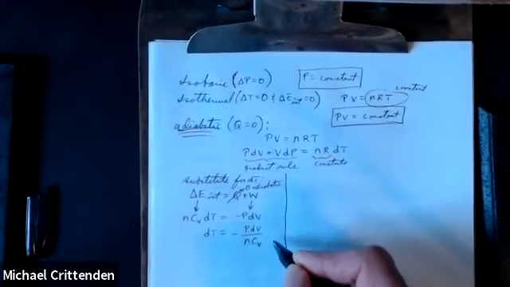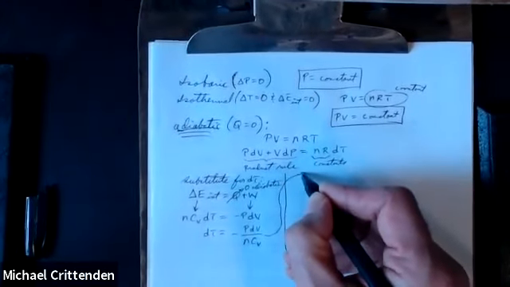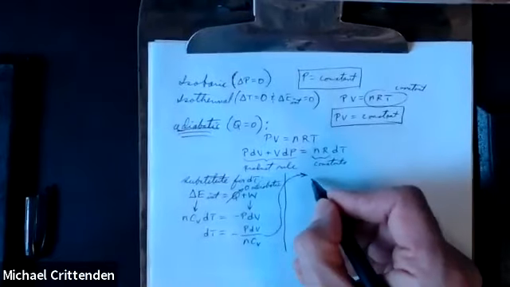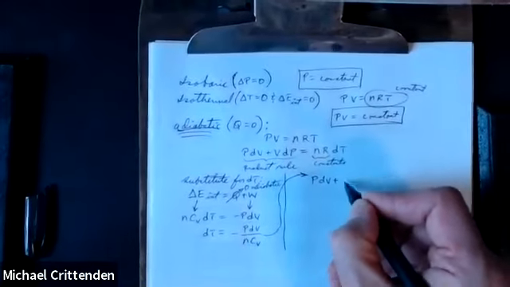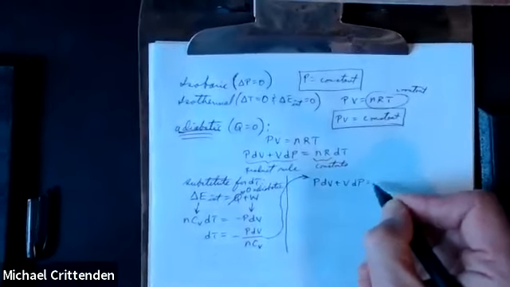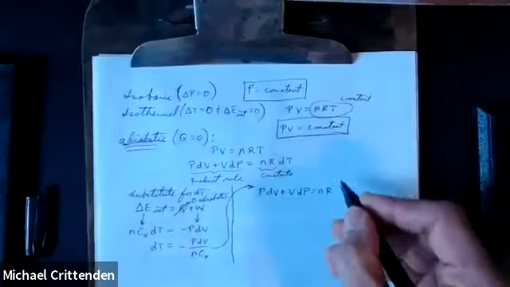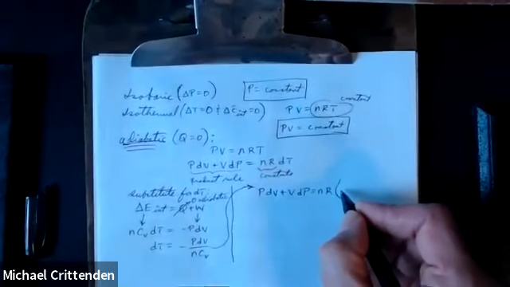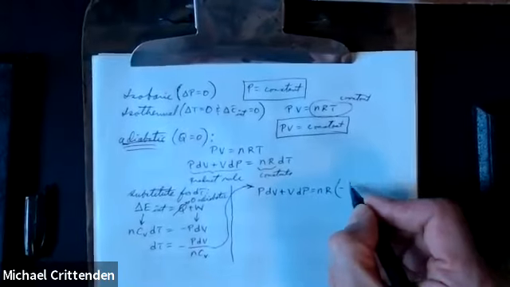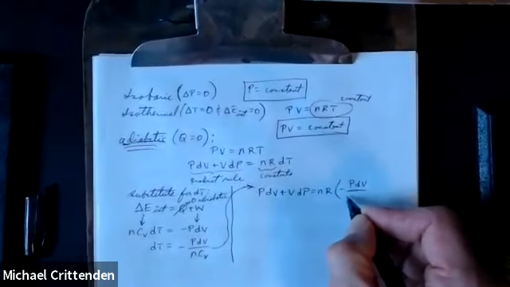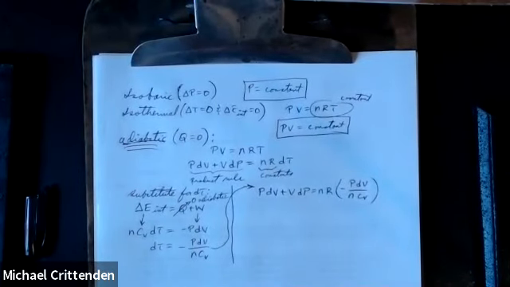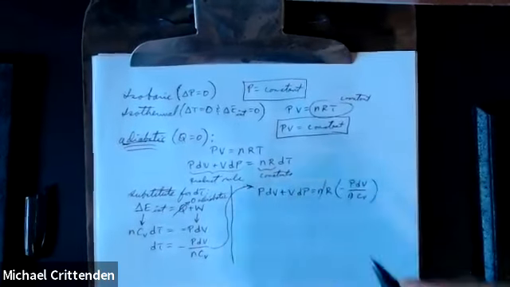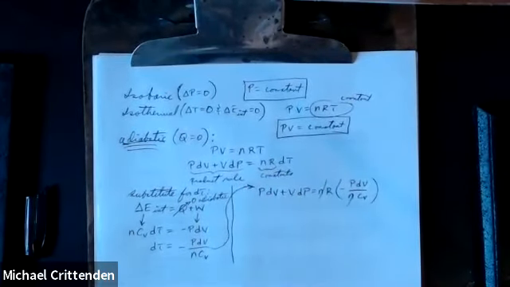So P dV plus V dP equals nR times the thing from there. Simplify it a little bit. If you notice, those n's cancel each other.